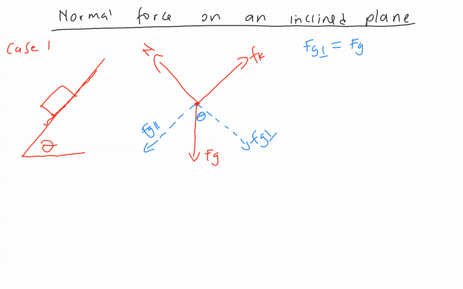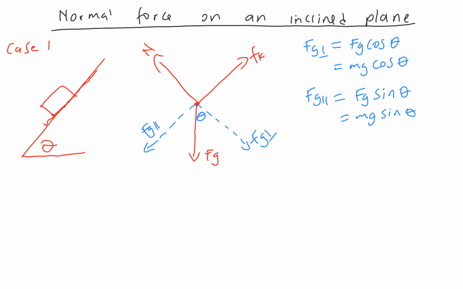Because it's adjacent, it is going to be cos of theta. So this is mg cos of theta. But Fg parallel is defined by Fg, and because it's opposite, it's going to be sine of theta. This is mg sine of theta.